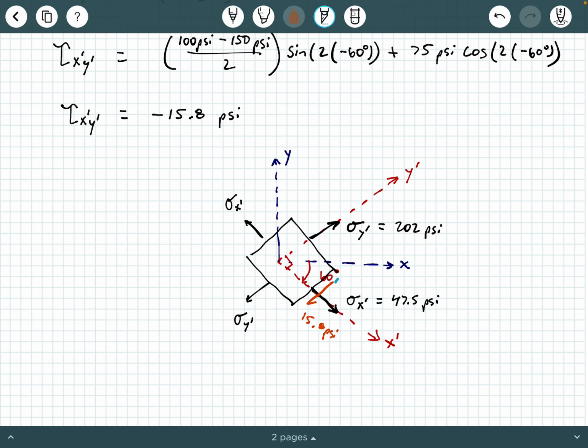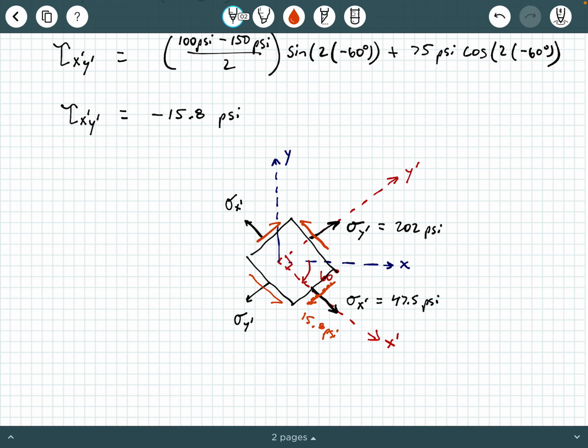So notice that when we're referencing our y prime axis, this 15.8 psi is pointing away from the positive y prime axis. And because of that, we're going to have it likewise on opposite sides as well. And this is our transformed element.